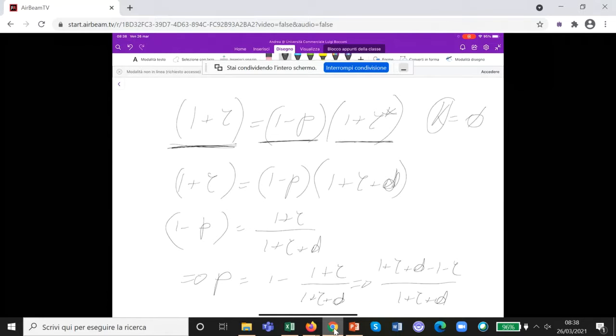And if you simplify that, you can see that basically what we're left with is that the probability of default is equal to the spread divided by (1 plus R plus D). Okay?